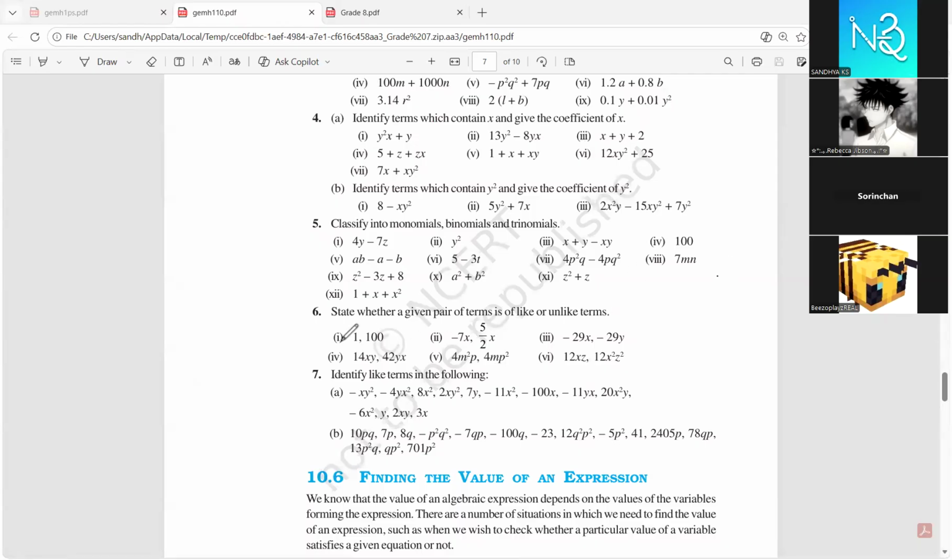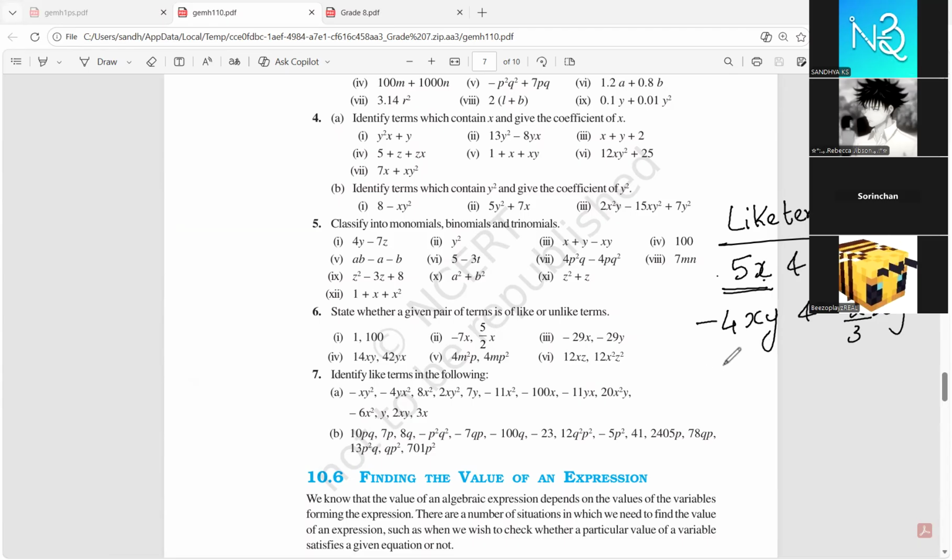Next we are going to study like terms and unlike terms. Like terms means, now you know what a term is, if it is 5x, a term, and 4x, another term, both of them have the variable x. That means they are like terms. Minus 4xy and minus 2 by 3 xy are like terms because both of them have the variable xy.